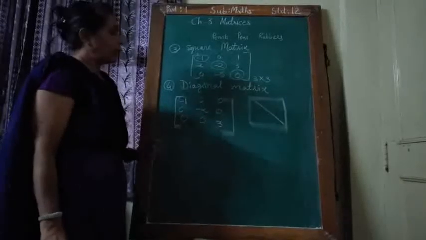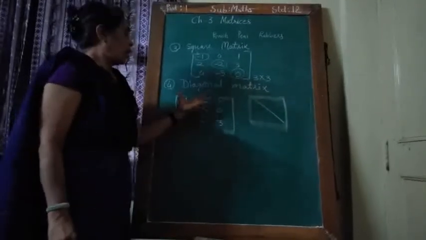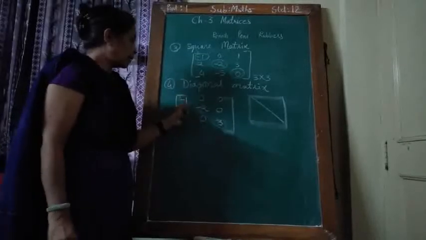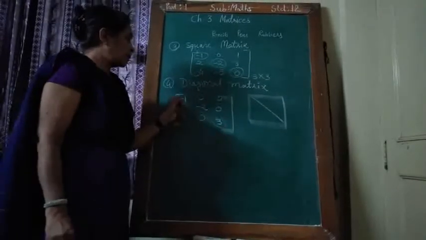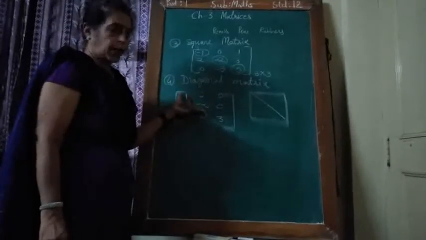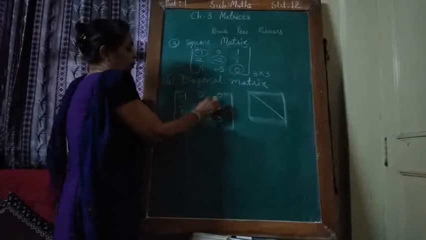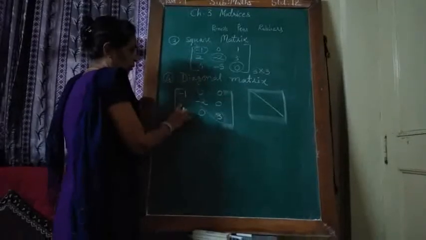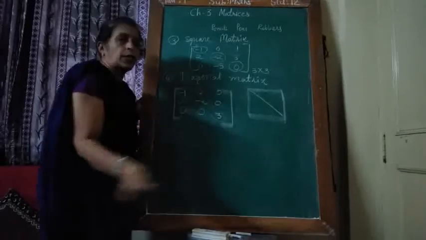Again I repeat, a diagonal matrix is a square matrix in which the elements of the principal diagonal are not 0, and the other elements, that is A12, A13, A21, A23, A31, A32, are all 0.